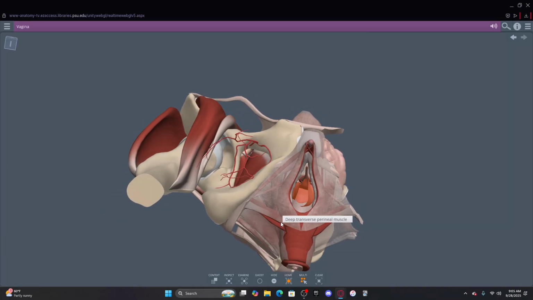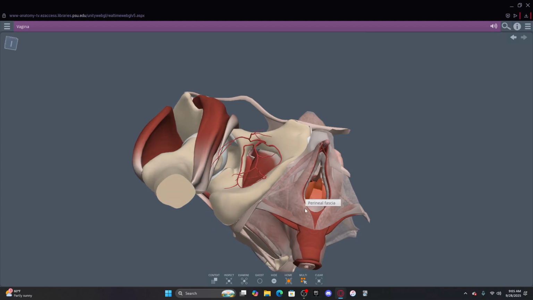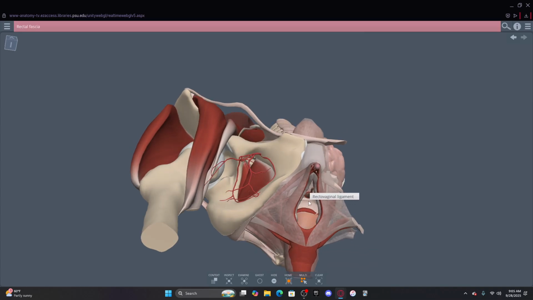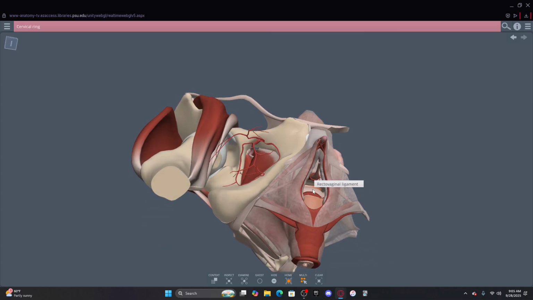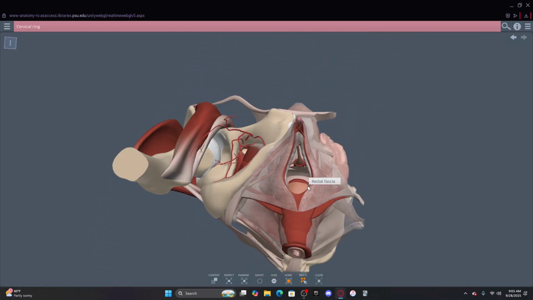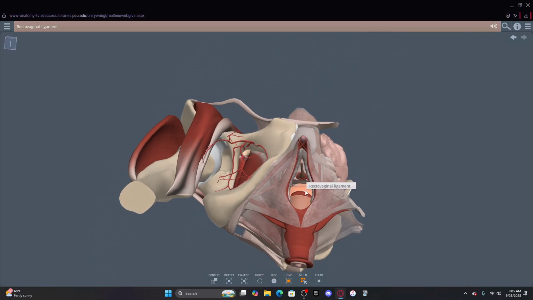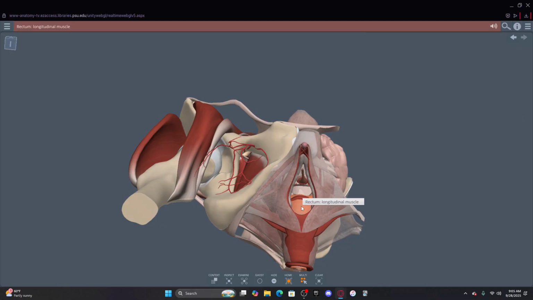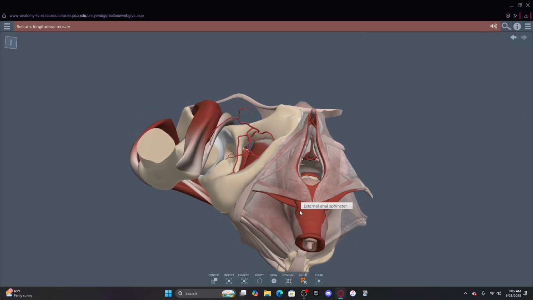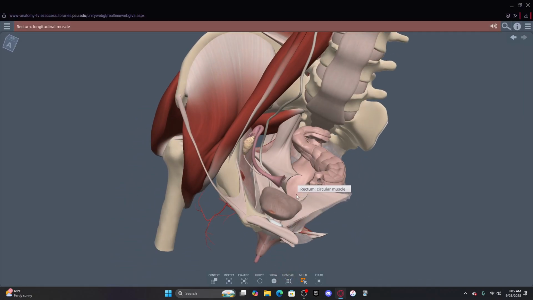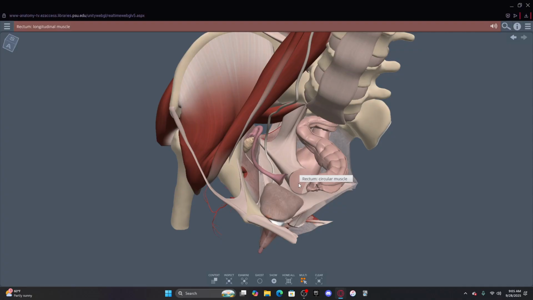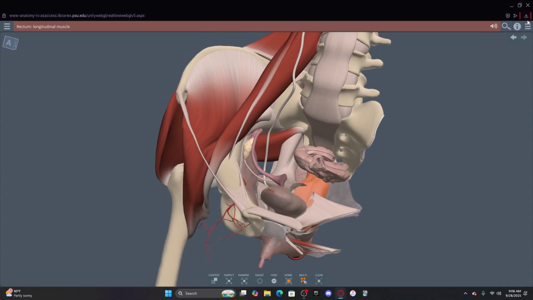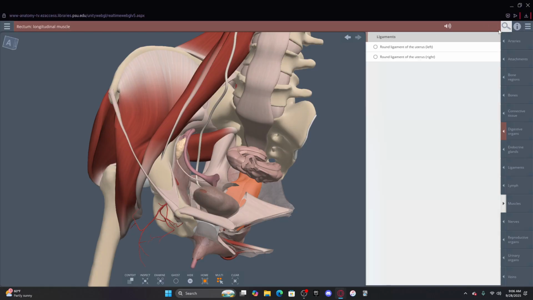So if I remove the vagina here, this would be the vagina or vaginal canal right here. If I were to remove that, I can see the cervix. So I just removed the cervix. I can bring it back just so we can see.